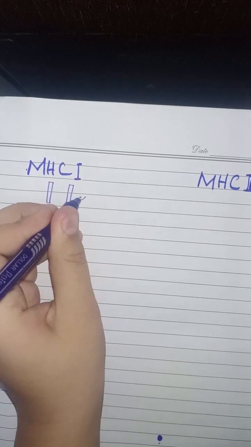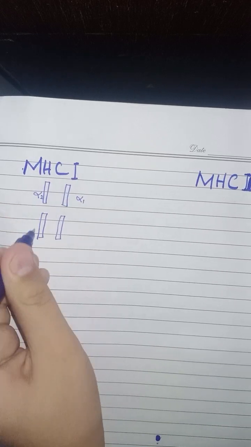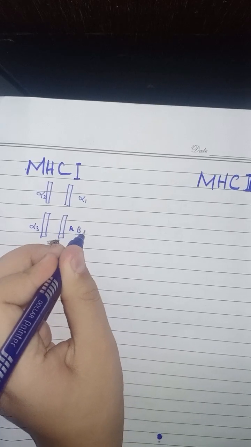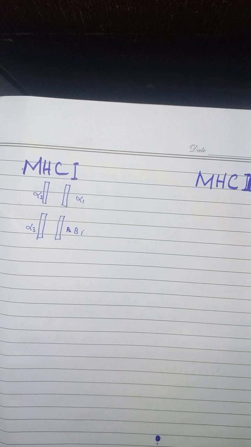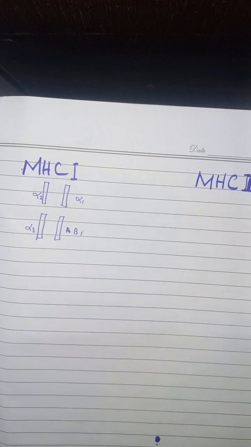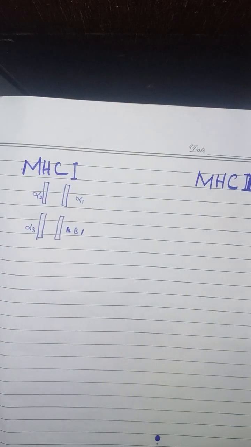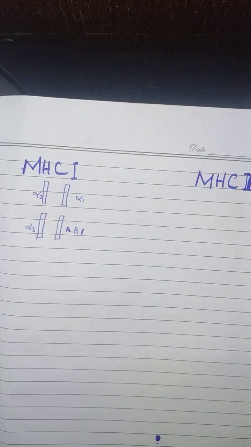Here we have the alpha 1, alpha 2, alpha 3 and beta 1, B1. Why is it beta 1? Because here we have 3 alpha and 1 beta. Now these are combined with the polypeptide bond with the subunit, that is alpha and beta.